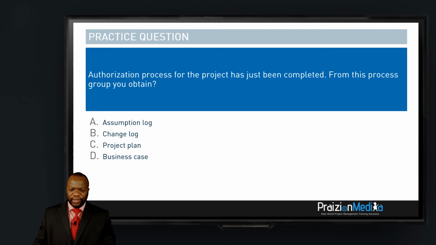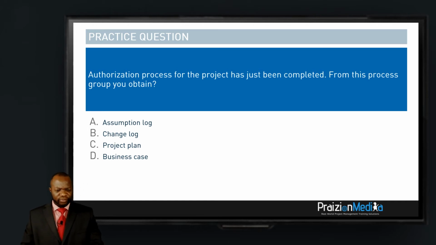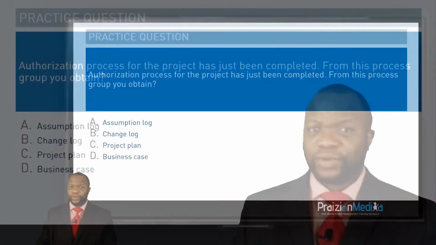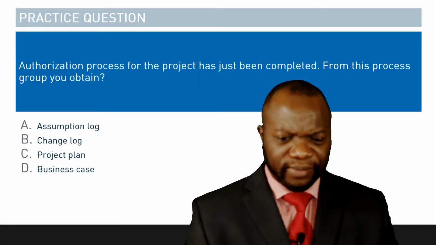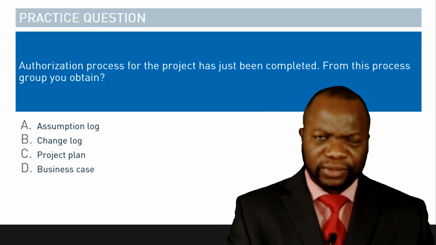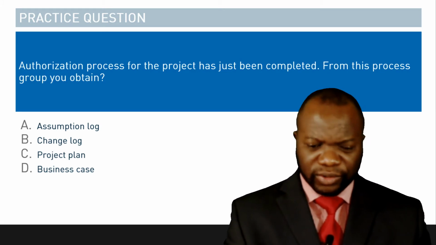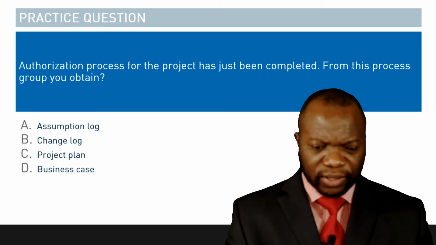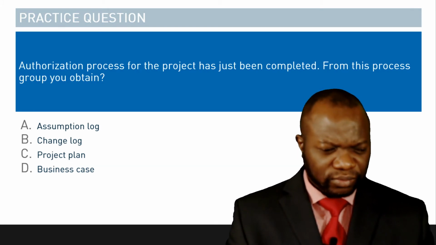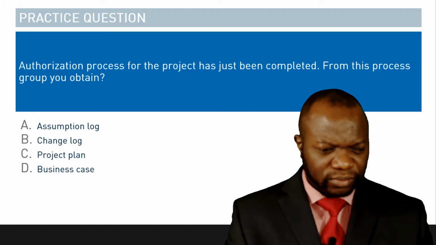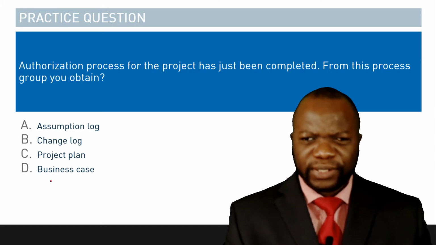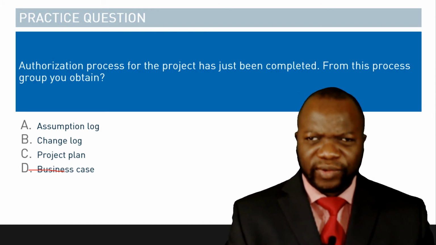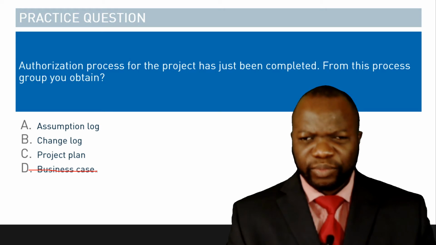Okay. So the answer to this, my friends, we can use the process of elimination. I always say, use the process of elimination, and when in doubt, just do that. So here we go. What we have here, business case, this is not done in the authorization process for the project.